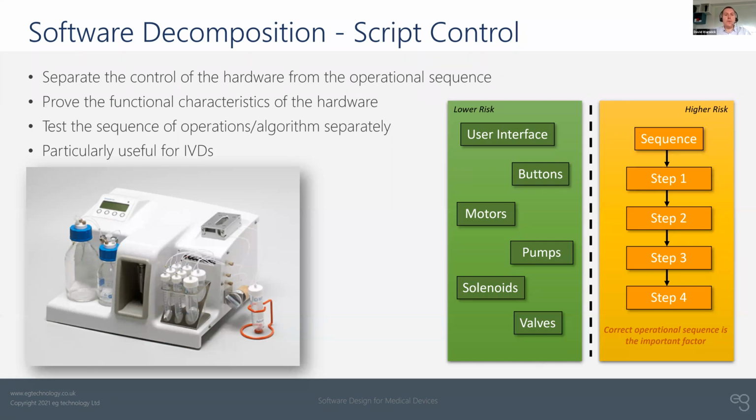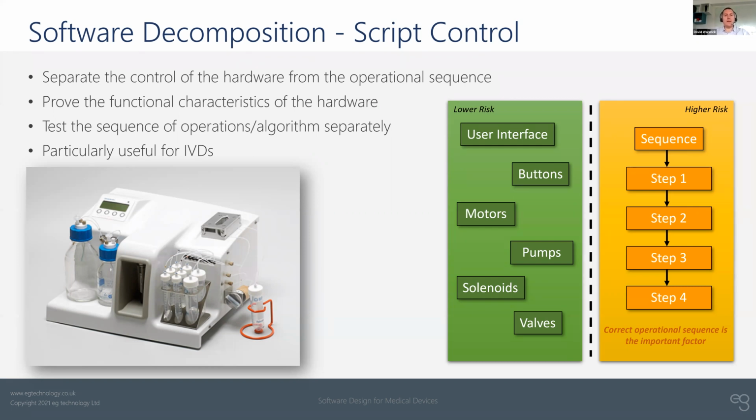And so in some designs, it may be possible to separate out the control of the hardware from the operational sequence of that hardware. So your design and development process allows you to build the software that you need to drive the pumps and the valves, and you can quite rigorously and reliably test the functionality of each of those pieces of hardware to determine that they are definitely going to work properly.